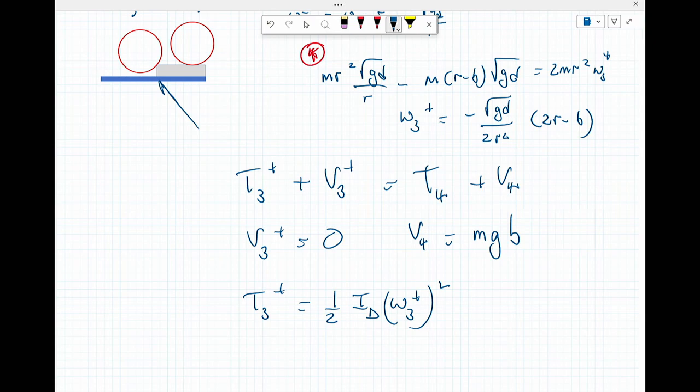So the center of mass has gone up a distance b. So at 3, gravitational potential is 0. At 4, gravitational potential is positive, MGB. T3 plus is 1/2 Id omega 3 plus, quantity squared. T4, on the other hand, I'm asked for the minimum height of d, which means T4 is equal to 0.